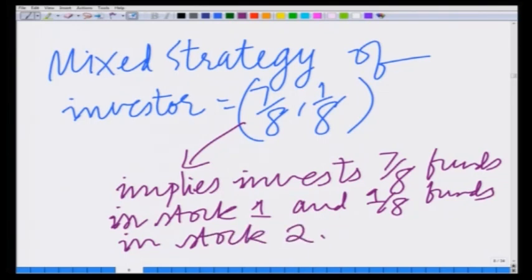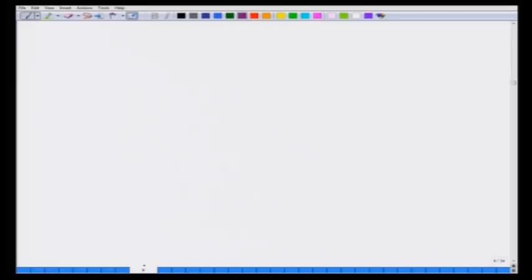So, he invests 7/8 of the funds in stock 1 and 1/8 of the funds in stock 2, and therefore, this is the mixed strategy employed by the investor.